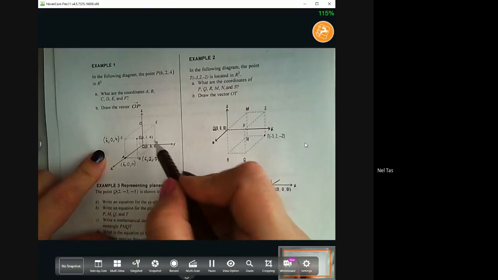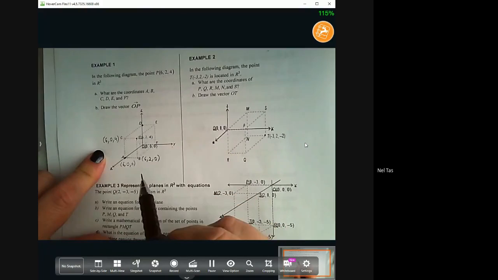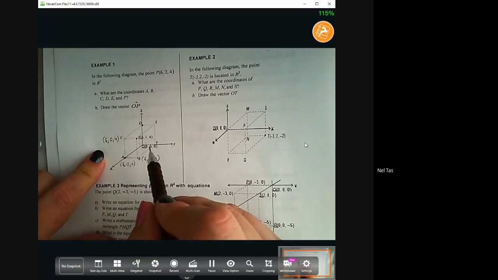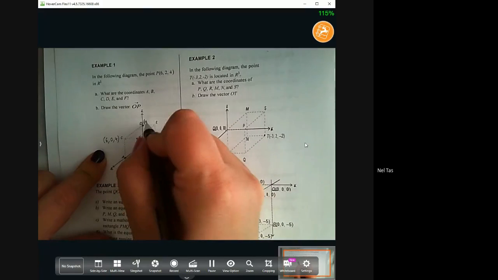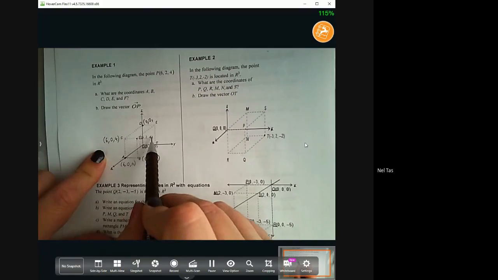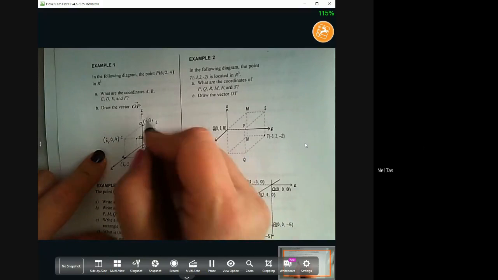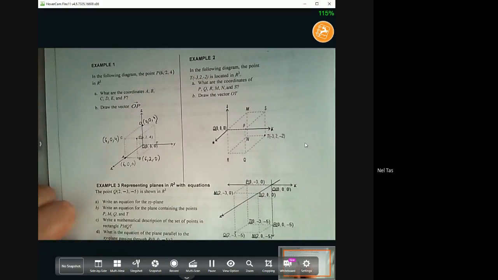So let's look at D. Point D is located on the z-axis. Therefore, again, the x and y coordinates are going to be 0. The z coordinate of that point is 4, so 4 units up. Therefore, the z coordinate is 4.